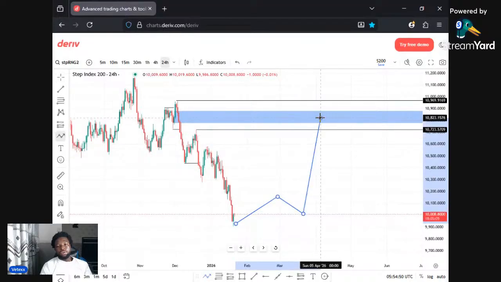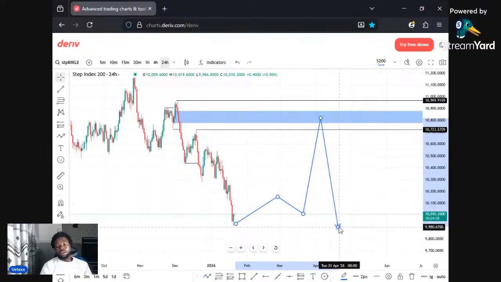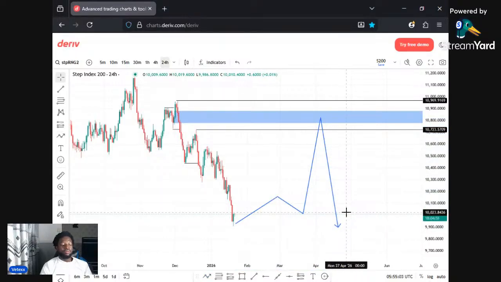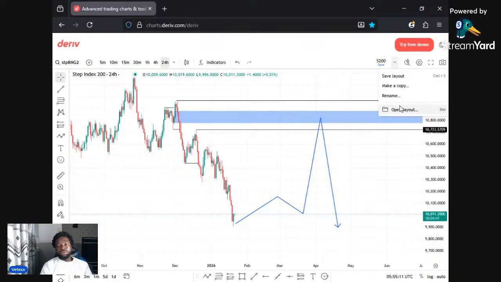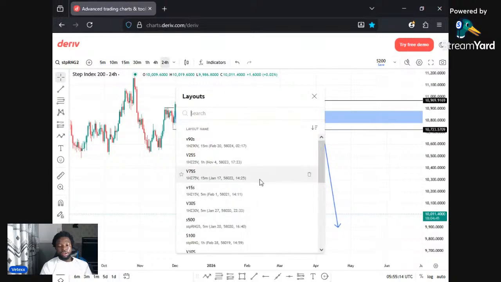After coming into this zone, it gives us a 4-hour continuation structure, and then we'll go to the 15-minute time frame to start selling until price takes out the higher time frame target. So currently we don't have anything on Step 200 at the moment.